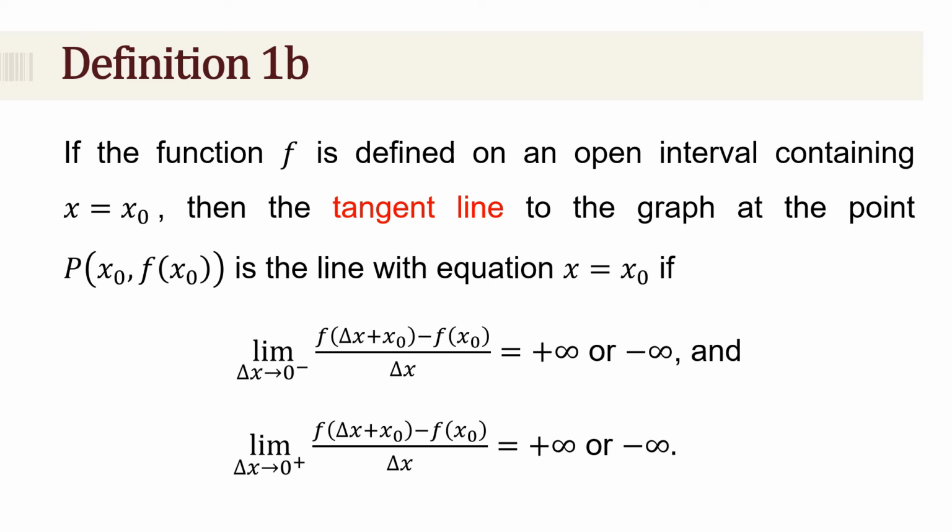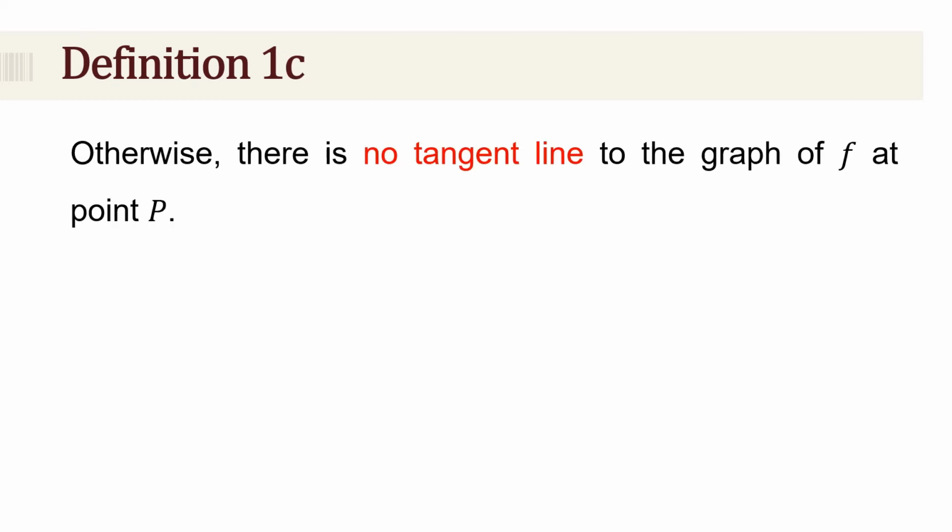So doon sa dalawang definition natin, sinasabi natin doon na dapat nag-exist yung limit or the limit is positive or negative infinity. Otherwise, wala tayong tangent line to the graph of f at point P.